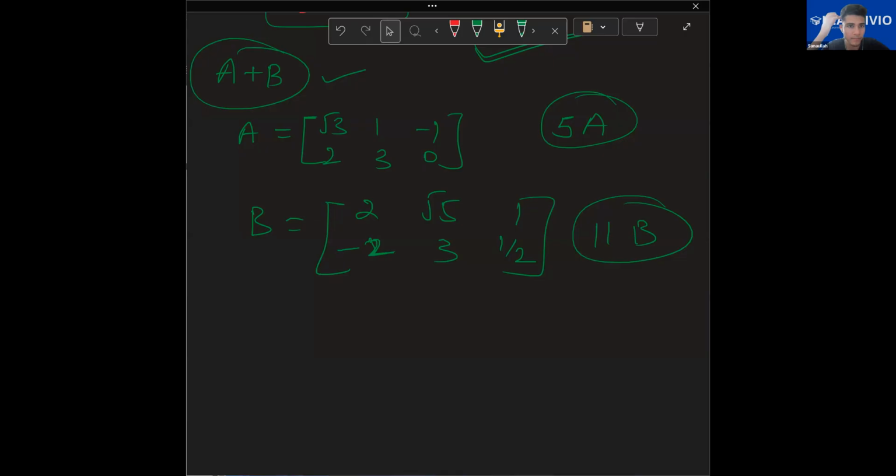Minus root 3, minus 1, positive 1, positive 2, positive 3. Okay, so you are telling me for this matrix A, its additive inverse is minus A. So you can multiply minus 1 inside the matrix. That is okay.